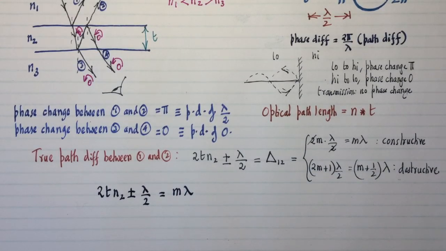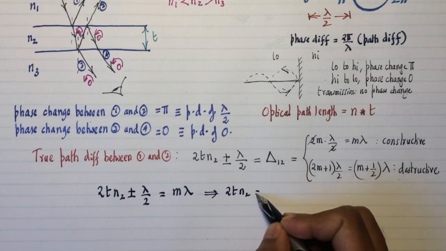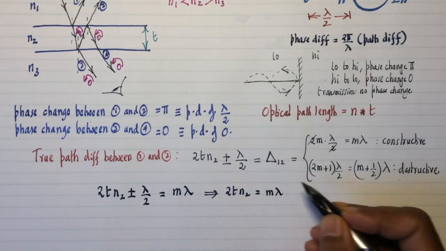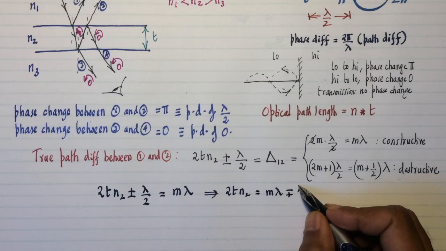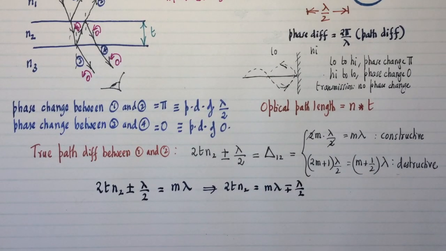So now the thinnest can be solved for. I'll write 2t n2 equals m lambda minus or plus lambda by 2. So m equals 0.